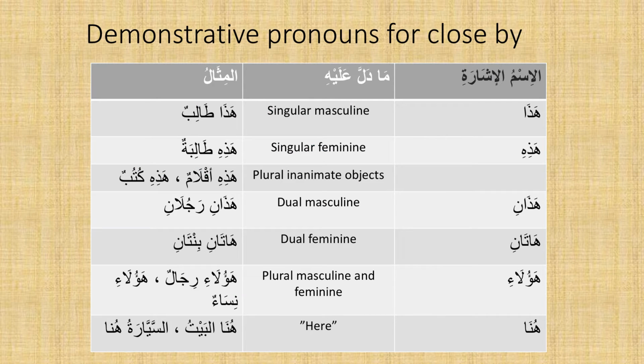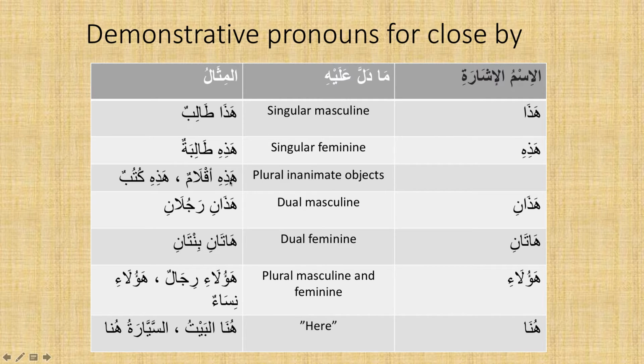So this is a list of demonstrative pronouns that are used to refer to things that are close by. هذا is used to refer to the singular masculine. For example, هذا طالب. This is a student. هذه is used to refer to the singular feminine. For example, هذه طالبة. هذه is also used to refer to plural inanimate objects.